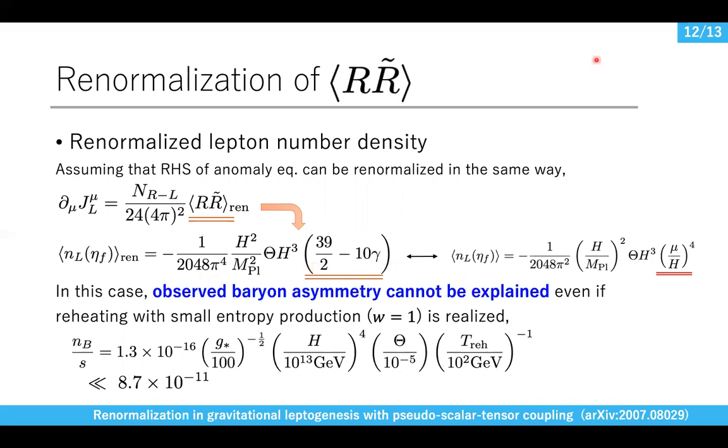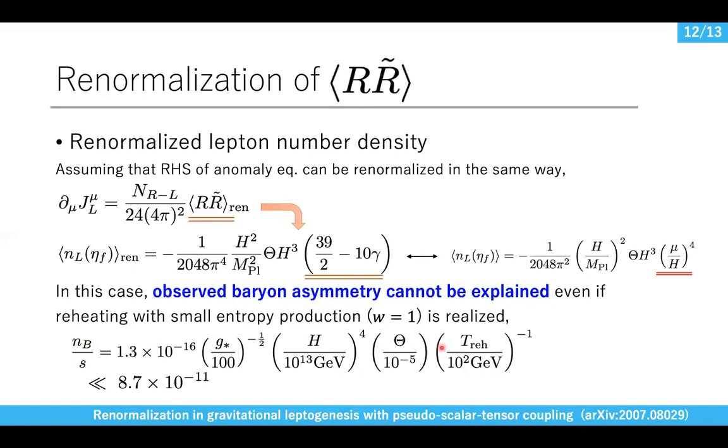And now you can see that the enhancement due to the dependence on the cutoff is removed. So this lepton number density is quite small. And we have found that even if a small entropy production is realized, we can't explain the observed value of this n_B over s.